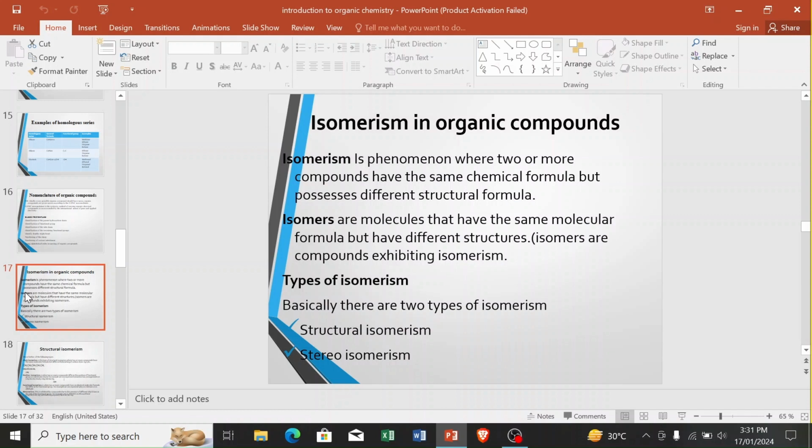Isomerism is a phenomenon where two or more compounds have the same chemical formula but possess different structural formulas. Isomers are molecules that have the same molecular formula but different structures. Isomers are compounds exhibiting isomerism. We have two basic types of isomerism, that is structural isomerism and stereoisomerism.